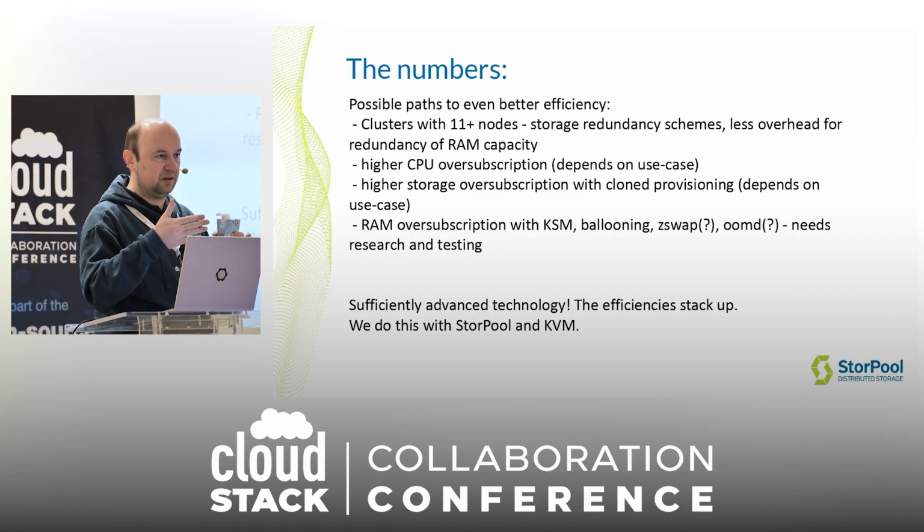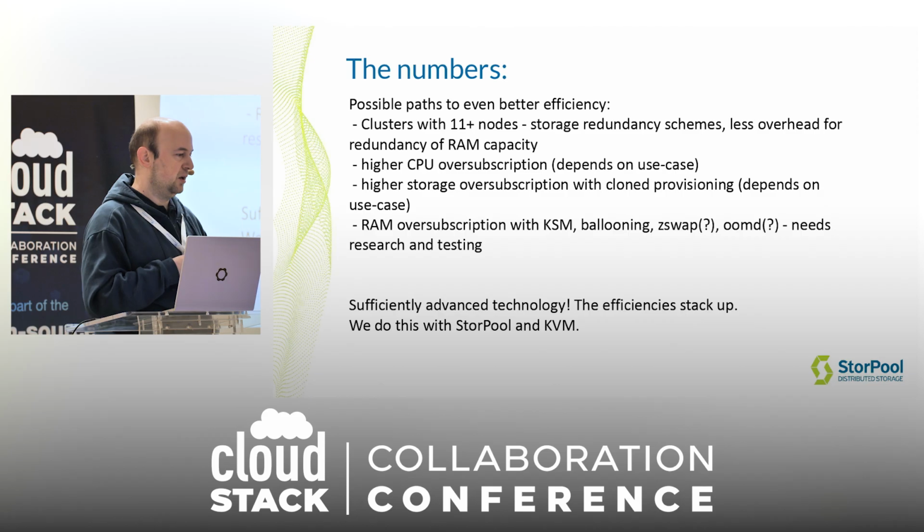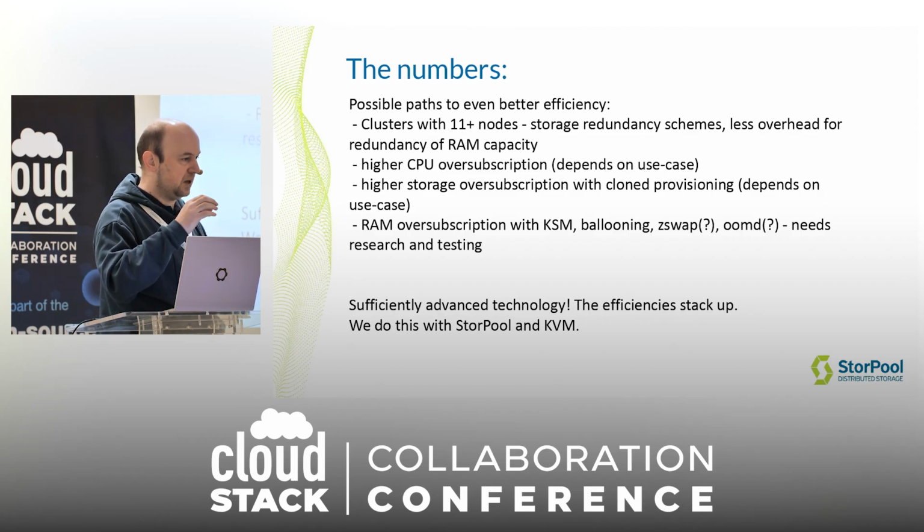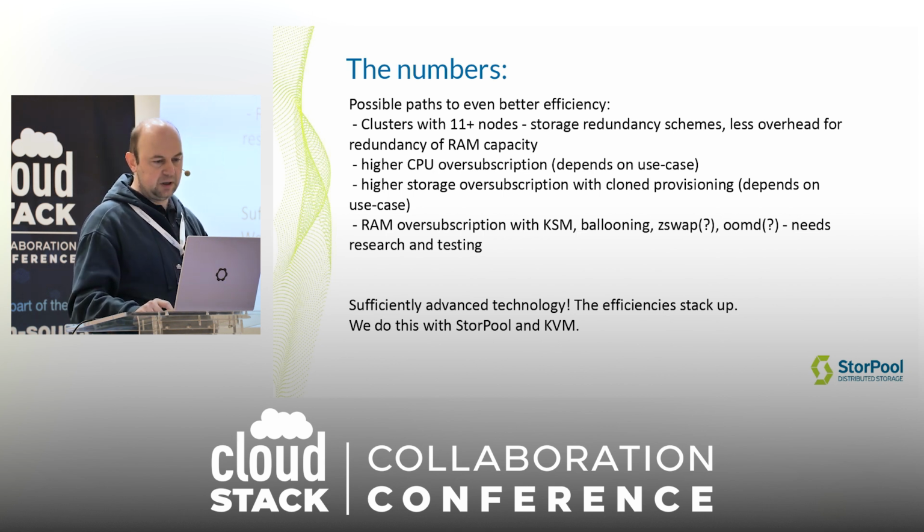So there's a lot to be gained by optimizing the setup for the way your VMs behave. An easy one is if your cluster is not 5 nodes, but it's 11 or more nodes. Why 11? Ask me after the talk. You can use more efficient storage redundancy schemes.